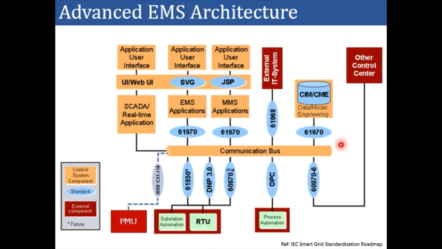Then IEC 60870-6 is utilized for communicating with other control centers using the communication bus. These things are part of our communication layer.